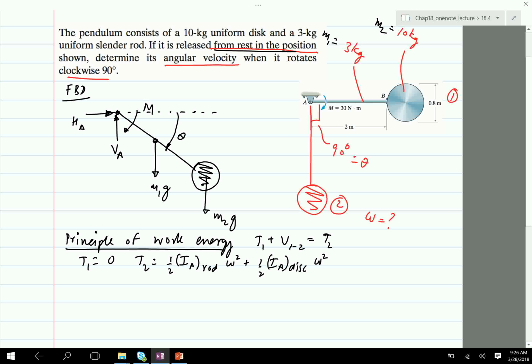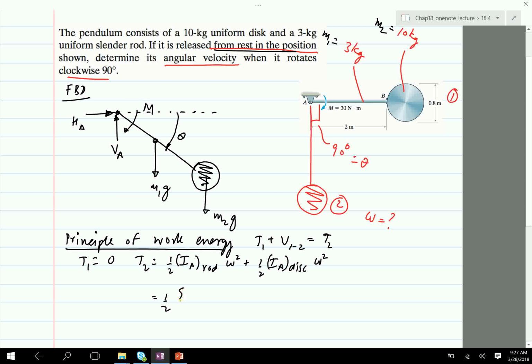We need to find inertia about point A. We do not know a formula for inertia about A. We do know the formula for inertia about G. For the disk, it's mr square divided by 2. It's ml square divided by 12 for the rod. So we're going to use that and the parallel axis theorem to find T2.